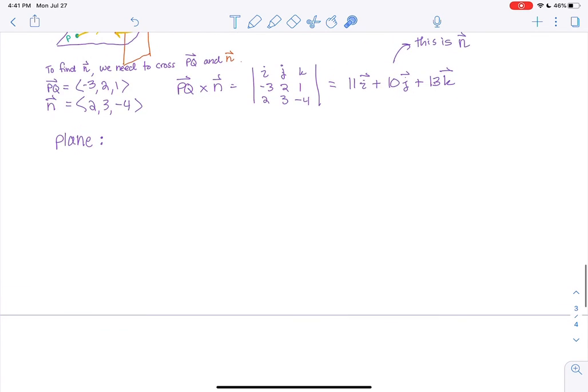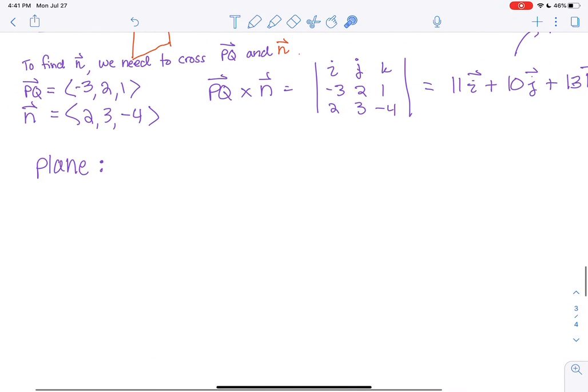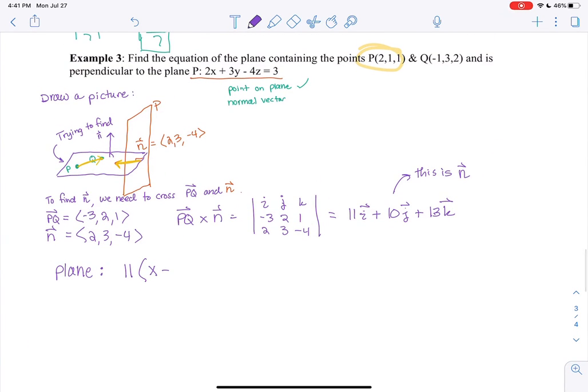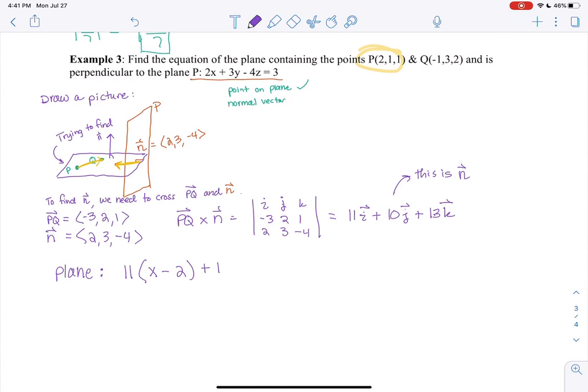So that's going to be 11 times x minus, and for the point on the plane, I'm just going to use p. You could equally use q. They would give you the same plane. So x minus 2 plus 10 times y minus 1 plus 13 times z minus 1, all equal to 0.